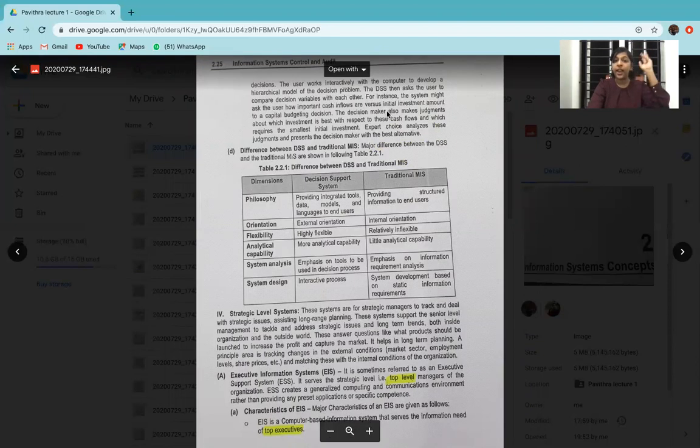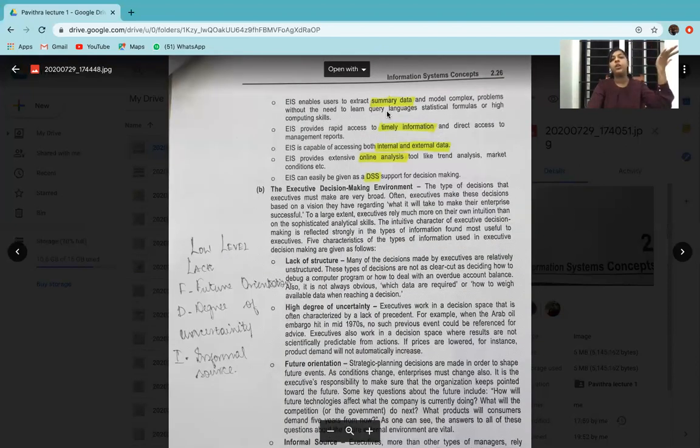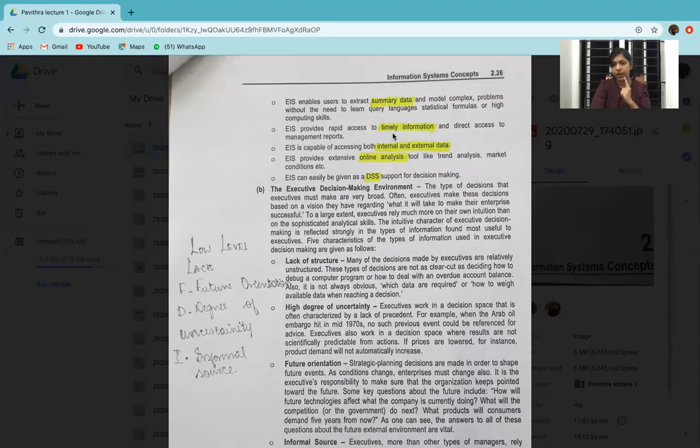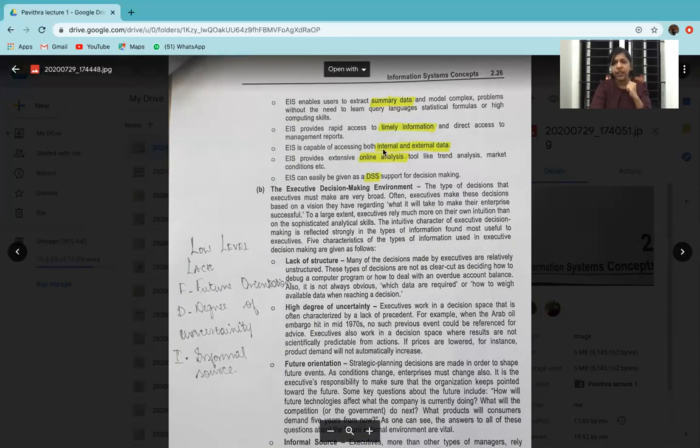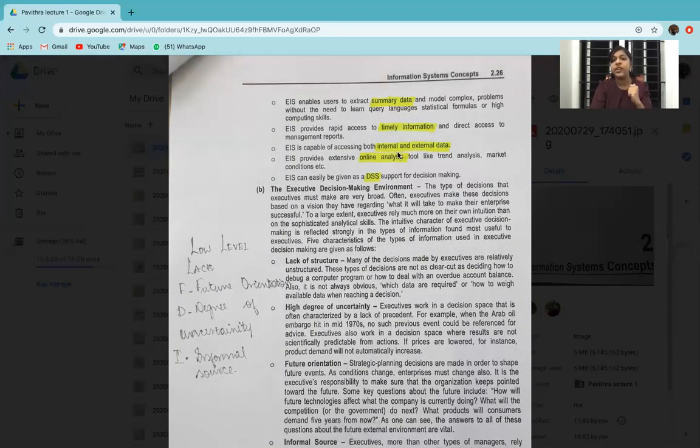Then they can extract summary data without having to learn complex query languages. And then timely information will be provided. And the next is that it is capable of accessing both internal and external data. Why is that? Only the top level needs internal and external data, because only then they can plan for the long range, keeping in mind the market conditions and everything.